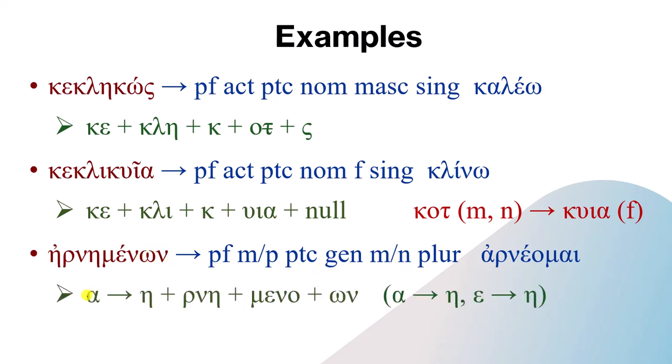And so we have the alpha lengthened to eta as the reduplication, and then the rest of the stem here, ρν, plus the tense formative μεν, and then the case ending, which is ων. And so all of this comes together to ἠρνημένων.